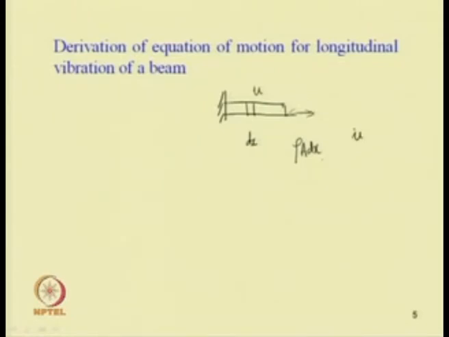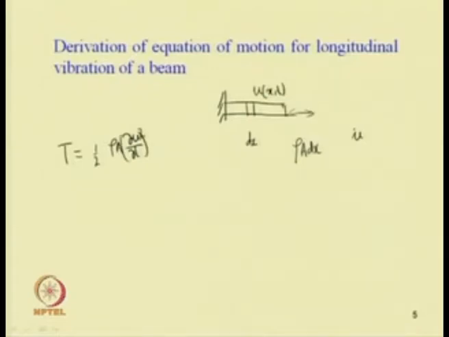Using the extended Hamilton principle, first we should write all the energy terms. Let us first write the kinetic energy T. As u is a function of both x and t, the velocity is del u by del t.